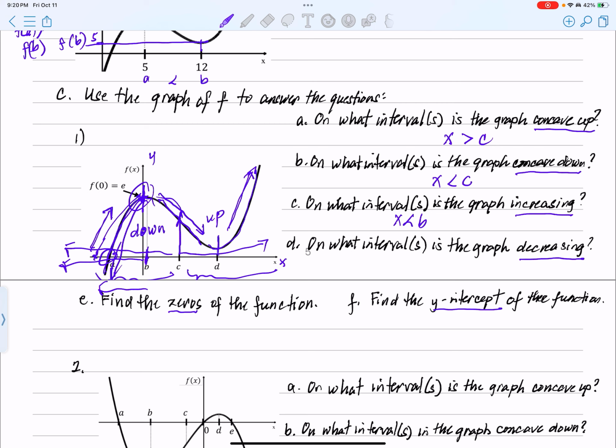It increases from here going up. There is another part that is also increasing. Oops, I erased this stuff. And it increases when x is greater than d. Okay.